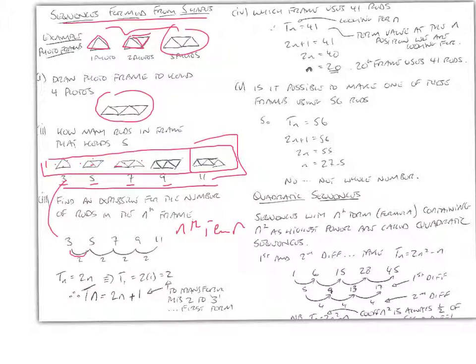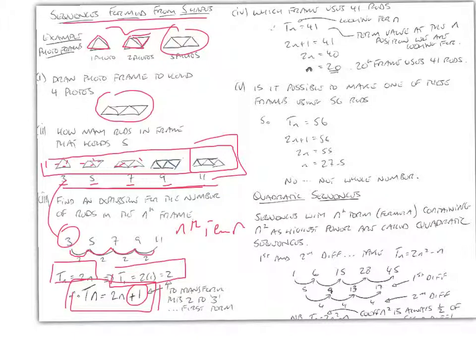And what's the difference between those? 2, 2, 2, 2. So Tn is equal to 2n. Sub in n is 1: Tn is equal to 2, but it starts with 3. So how do I go from 2 to 3? I add 1. This is the nth term rule for this sequence of rods.